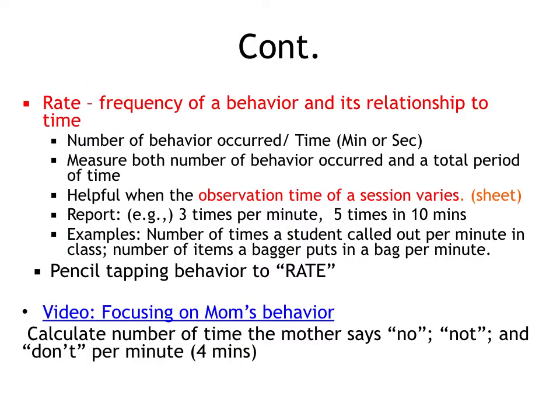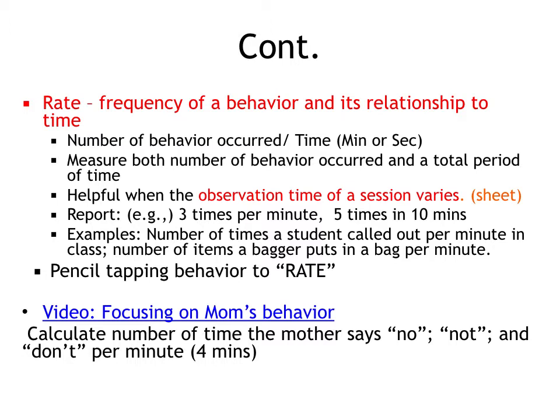Rate is the frequency of a behavior in relationship to time. So you can use rate when the observation time of a session varies. For example, to use frequency you have to have the same observation time across sessions. But if your observation time varies across sessions, for example today you can only observe for 30 minutes and tomorrow 10 minutes, then you can use rate.